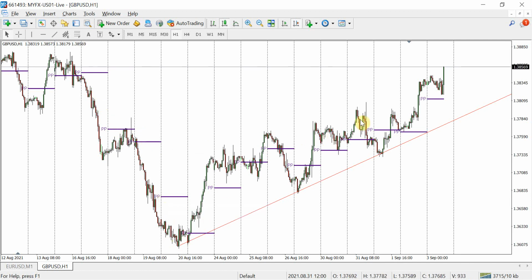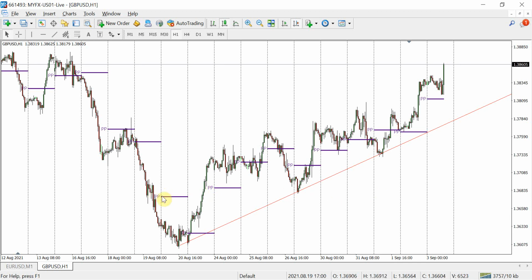So you can see the majority of the time the daily pivot is hit on the day it was created. And when you have a missed pivot, what you generally see, not all the time but with high probability, is that within the next week or so price will get to that missed pivot level.